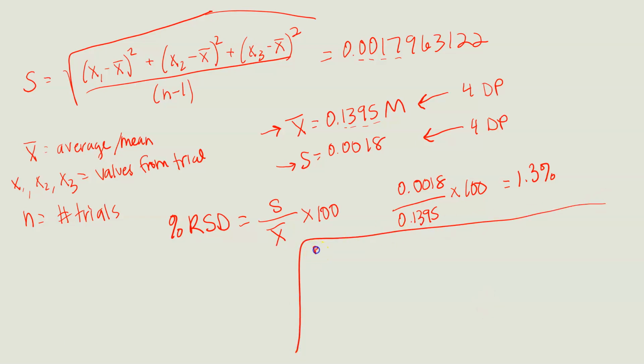So for this titration lab, I'll tell you the scale on how I'm grading you based on your precision. If your percent relative standard deviation is between 0 and 1%, 1 to 2%, 2 to 3%, 3 to 4%, I'm going to not give you all of the points. If it's 0 to 1%, you get full credit. If it's 1 to 2%, you're going to miss 1 point. 2 to 3, minus 2 points. 3 to 4, minus 3 points.